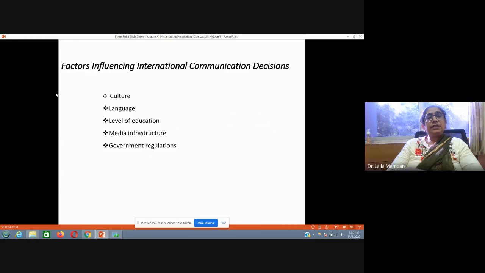There are various factors which influence international communication decisions, like culture. The culture varies from country to country. Like in India, we are against beef and pork.